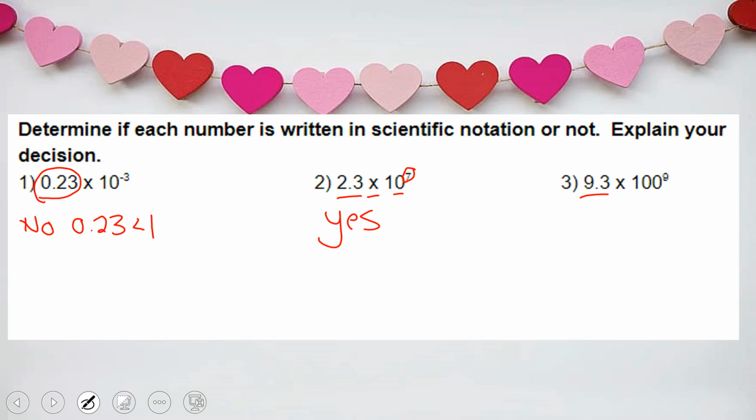That's good. We use the X. But then right here is the issue. This is base 100, not base 10. We could make adjustments, which we'll see here in a little bit. But as it is, this one is not in scientific notation because it doesn't use base 10.